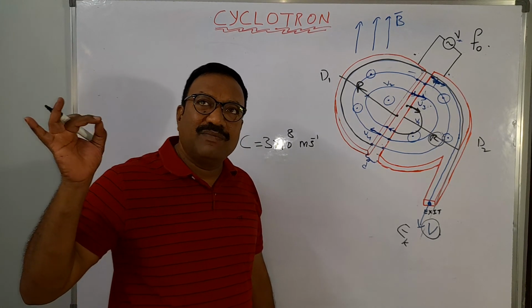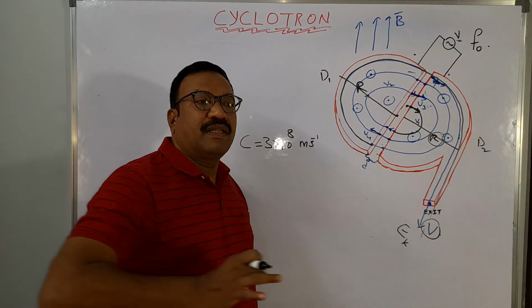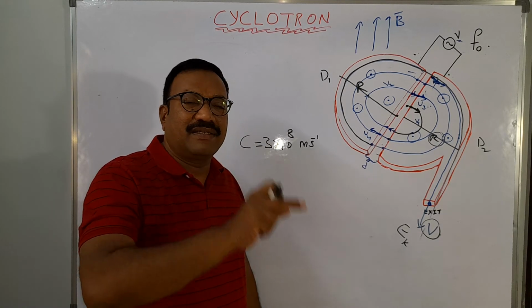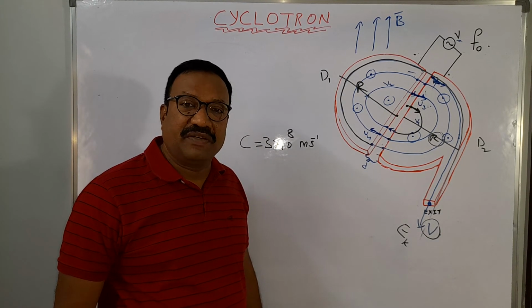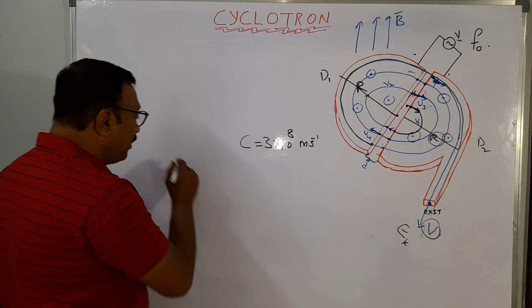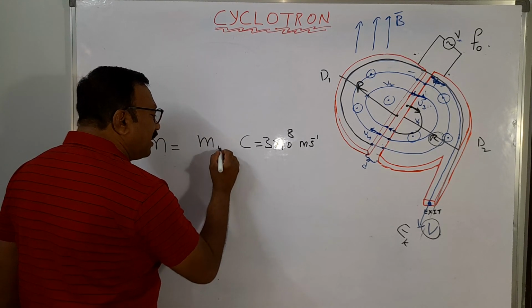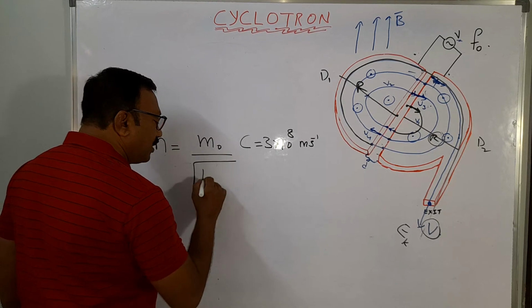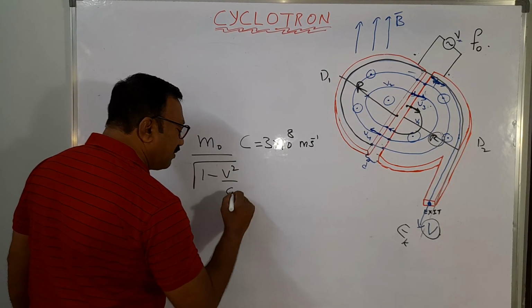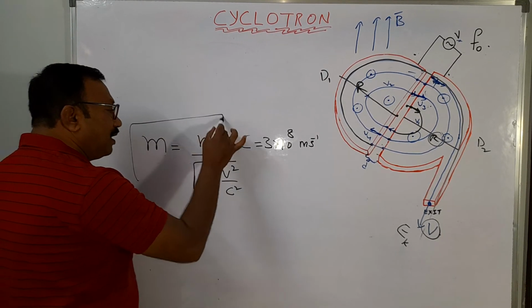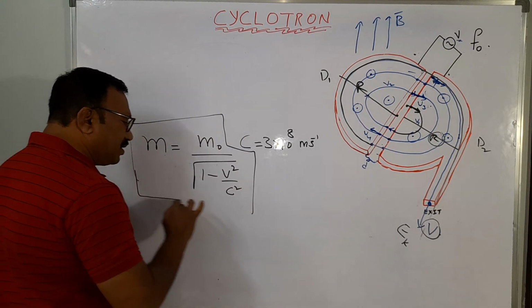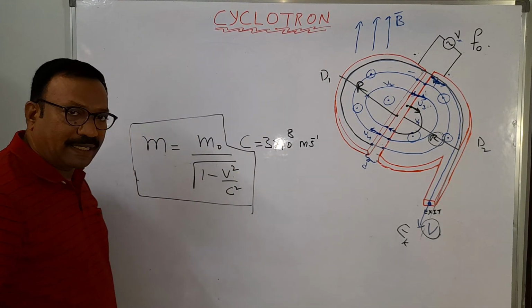When a particle is moving with high speed, the mass of the particle is increasing. That is called Einstein's theory of relativity. He gave an expression also. This is the mass while moving, this is the mass while at rest, divided by root over 1 minus v square by c square, and v is the velocity with which the particle is moving.